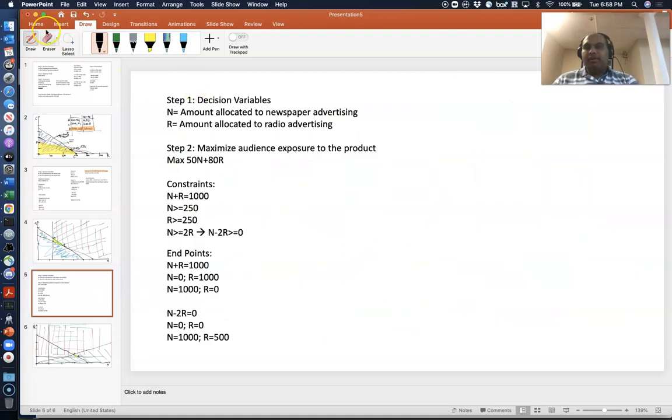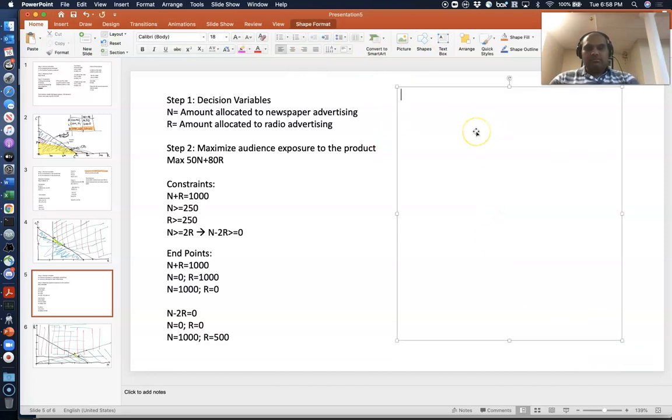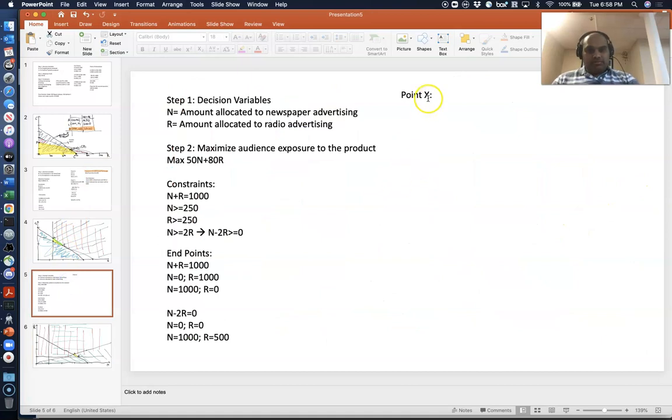So again, I'm going to do all of that here. So point x, that is the point of intersection of the first line n plus r is 1000 and the line n minus 2r equal to 0.